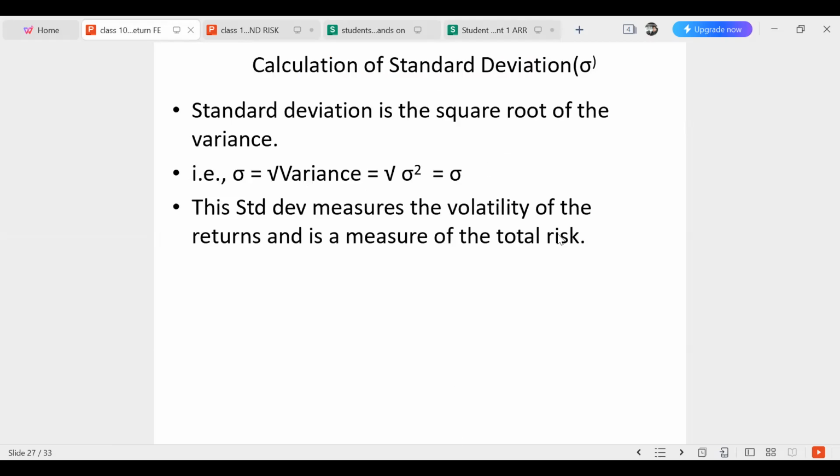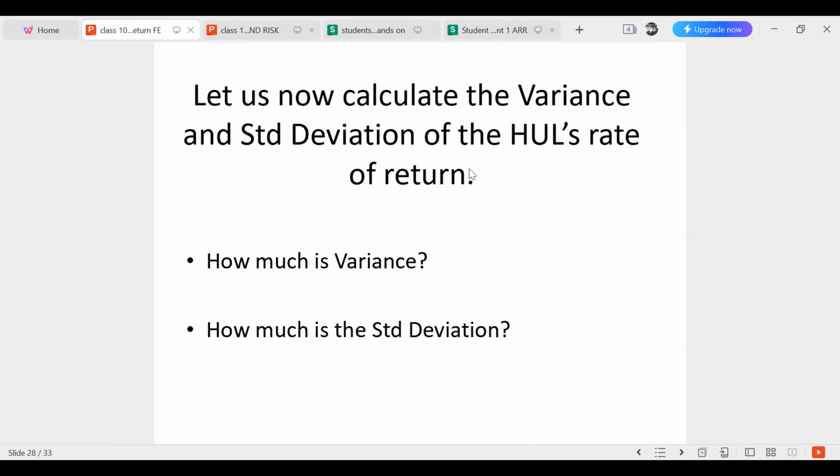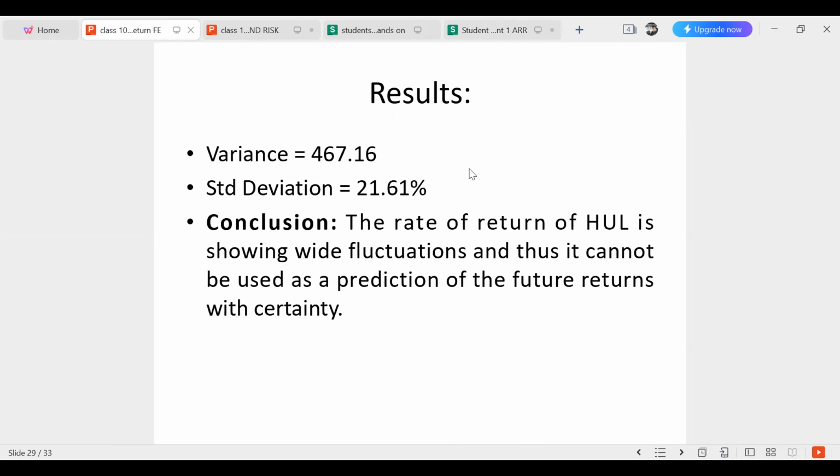So this is calculation of standard deviation. Already you have done. It is simply the square root of the variance. Let us now calculate the variance and standard deviation of the Hindustan Unilever's rate of return you have calculated. So your variance is 467.16 and standard deviation is 21.61. So what is the conclusion?